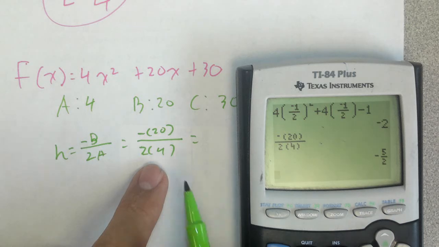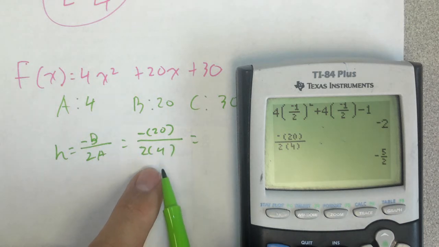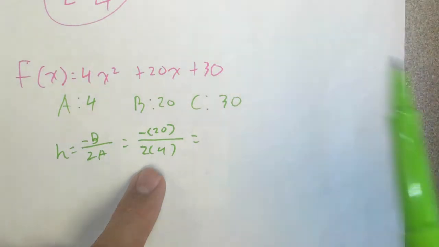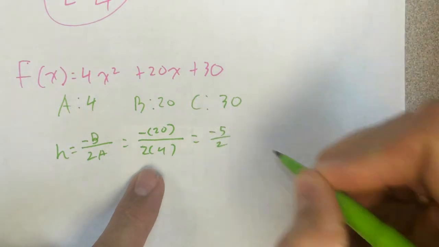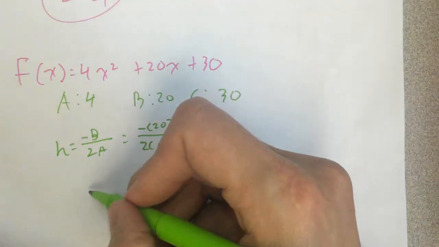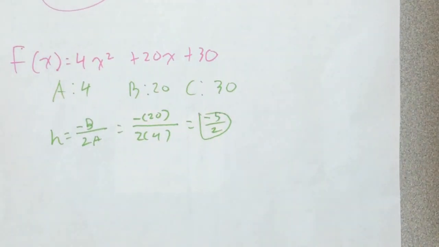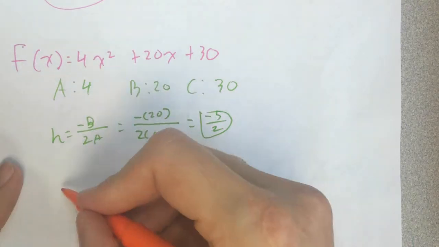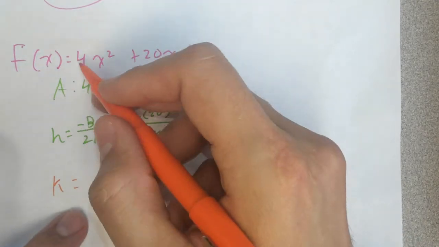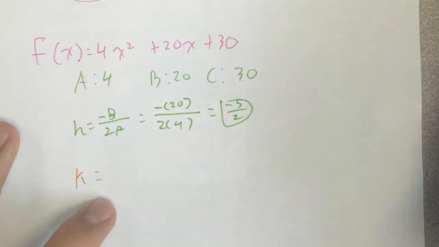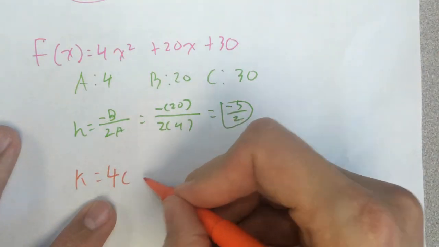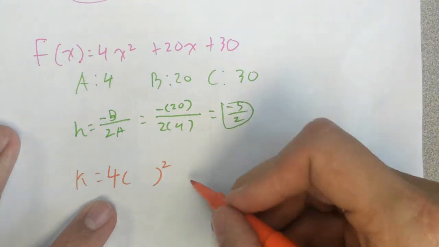Is that right? Negative B over 2A. I guess that is. We get negative 5 halves. Negative 5 halves. That is my H. So I am then going to use that to find my K value. For my K, I copy my starting equation, except where I run across an x, I put an open parentheses.